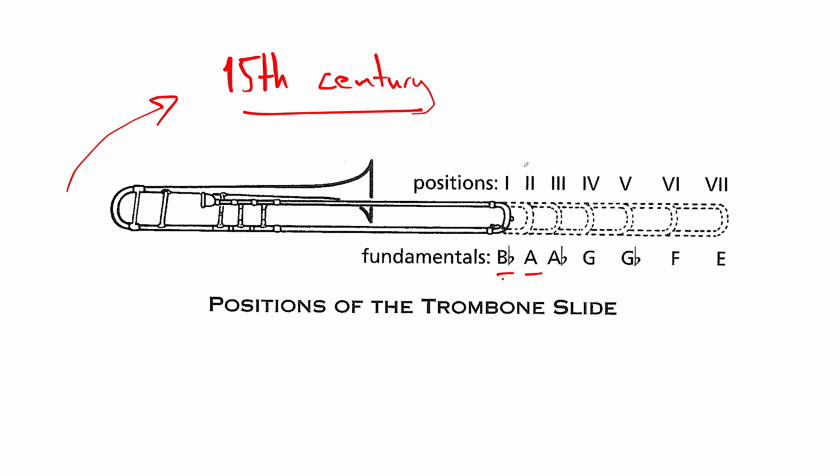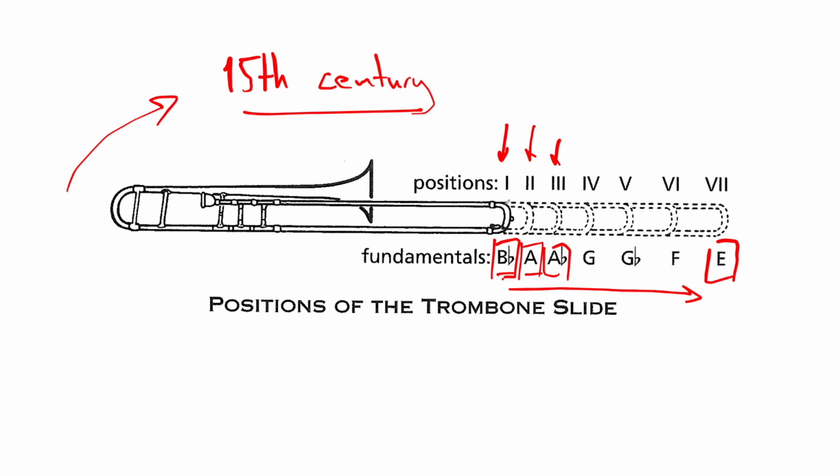The first position will give B flat, the second position will give A flat, G, and chromatically until E, between B flat and E.